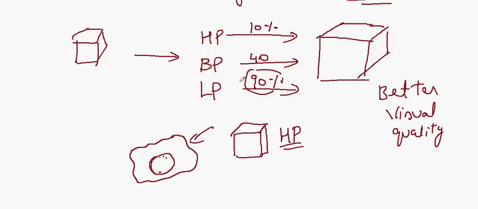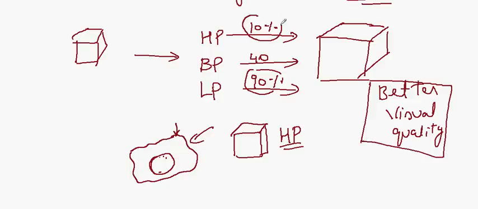So if I compress them at 90%, it does not matter whether this point and this point are compressed and occur at lower quality. You may not observe it, but if the edges are bad, then the visual quality is clearly visibly decreased. So by classifying the data, I get a better visual quality after compression. That is, if I compress this at lower rate and this at higher rates.